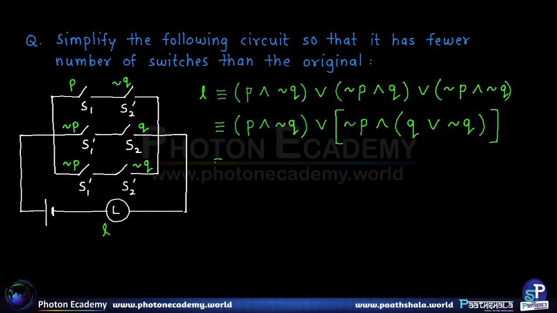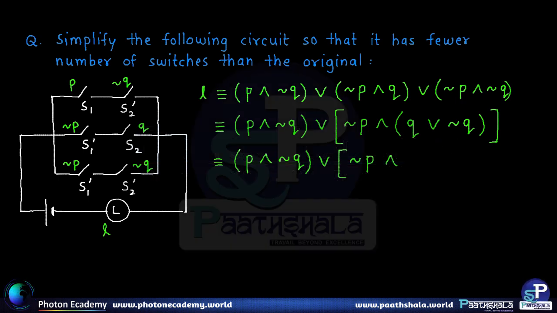So moving on, P and negation Q as it is, or we have negation P and now let us look at the expression Q or negation Q. We have seen earlier that Q or negation Q represent 2 opposite states. So one of them has to be true, the other one has to be false.